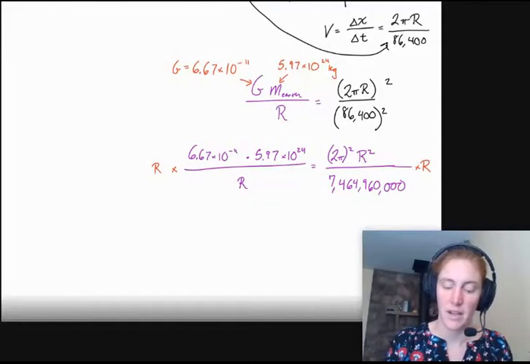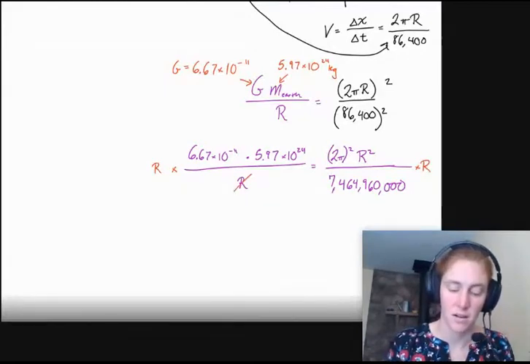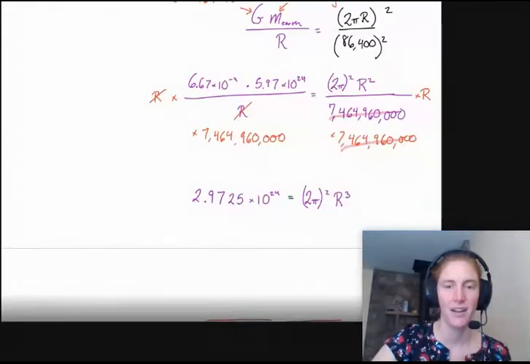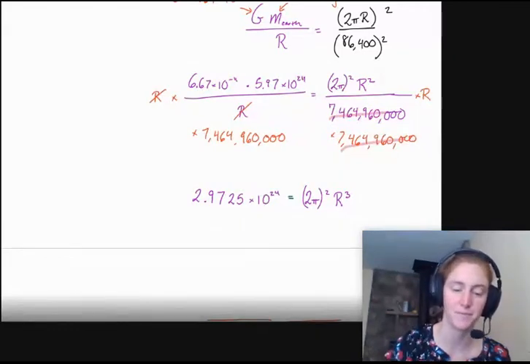And I'm going to just multiply this out, and I'm going to put all the numbers in. So I'm going to multiply both sides by r. So this r cancels out there. And then I'm going to multiply. All right, so when I get 6.67 times 10 to the negative 11 times 5.97 times 10 to the 24, and then multiply it by the 7,464,960,000, I get 2.9725 times 10 to the 24th.